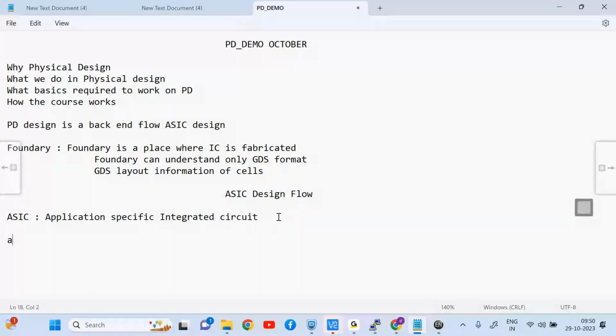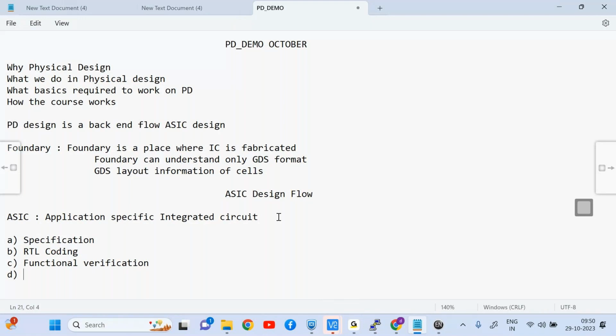Specification. Second starts with RTL coding. Third is functional verification. We are mentioning only major steps. In between, we have plenty of steps like linting. We have RTL integration.